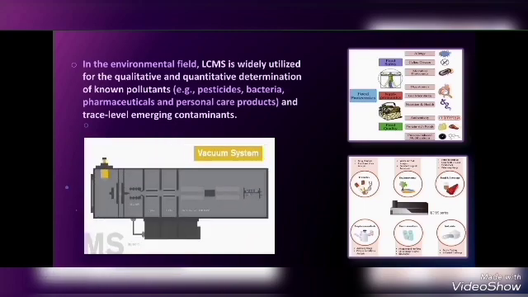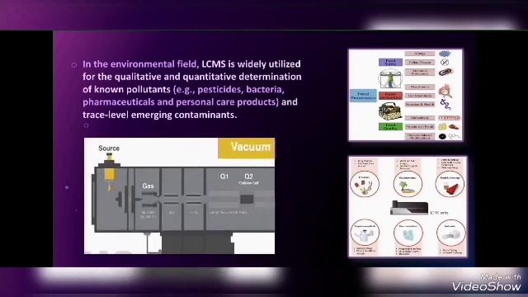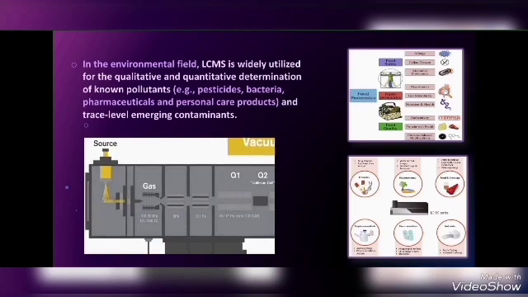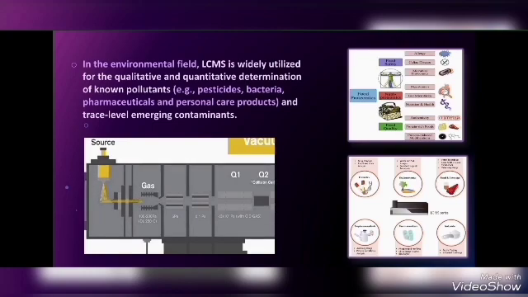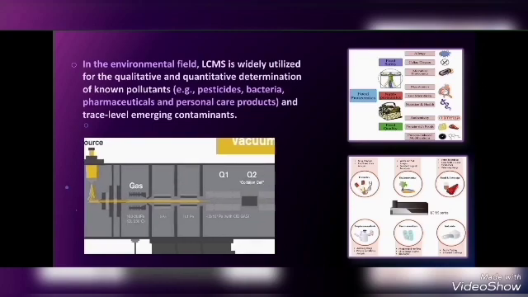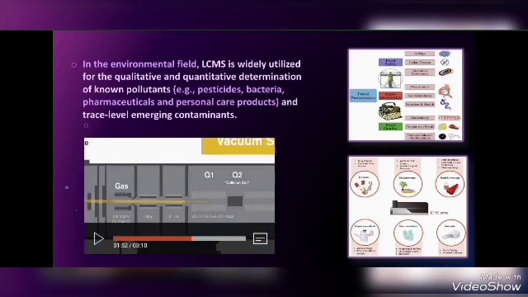And then the sample will move to the source in a vacuum system. So the sample moves from the needle to the interface with 5 BA and then to 0.1 BA, and then we'll move to Q1.